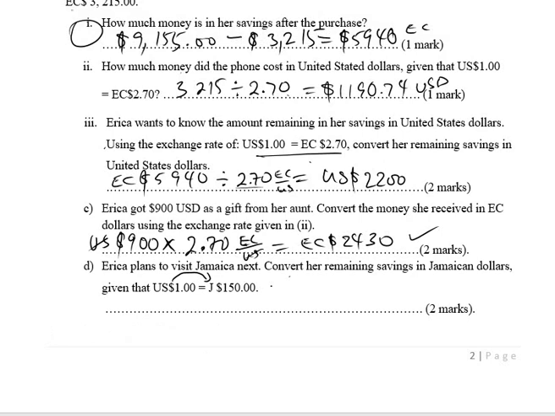Okay, so the US amount that she has in her savings prior to the gift from her aunt was, let's add them up. Convert the remaining savings in US dollars. So that'd be $2,200.